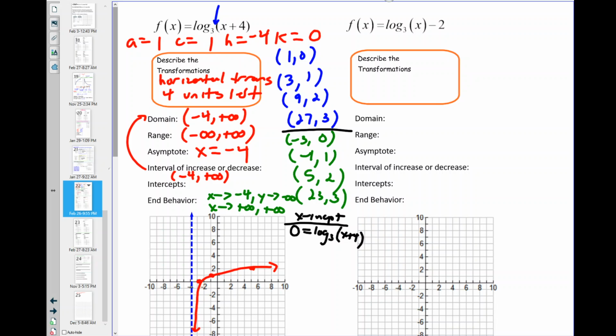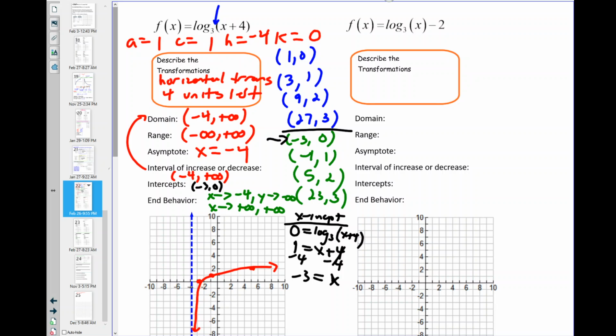How do you get rid of a log? Change to exponential. Not change of base, change to exponential. So 3 to the 0 power, which is 1, is equal to x plus 4. Minus 4, minus 4. We get -3. But we knew that already. We already knew we were going to cross the x-axis at -3. So here, one intercept is -3, 0.